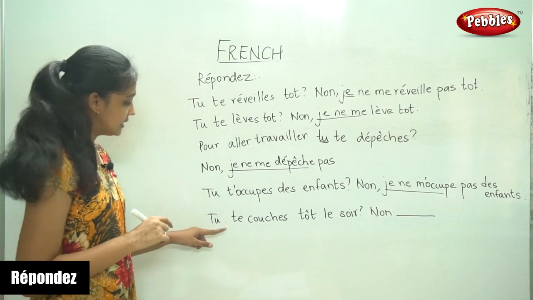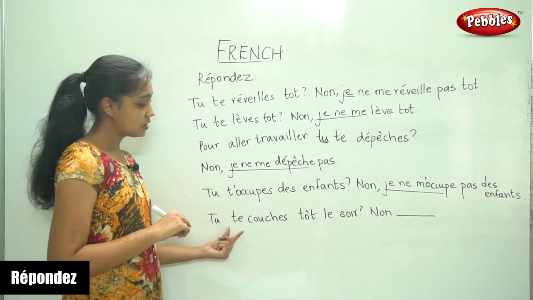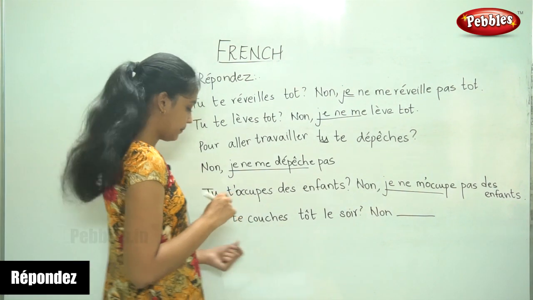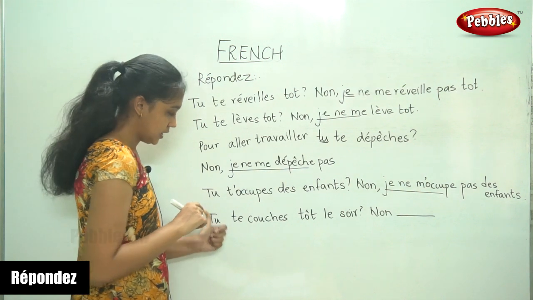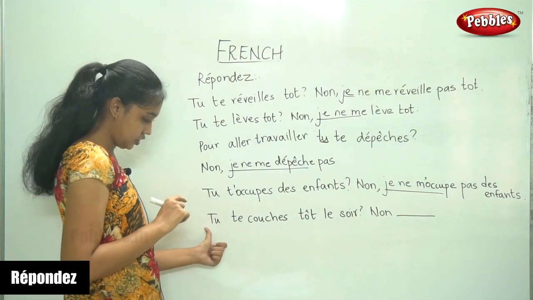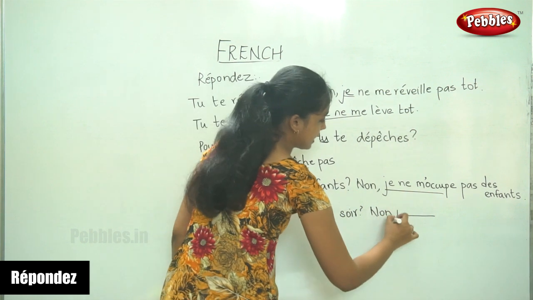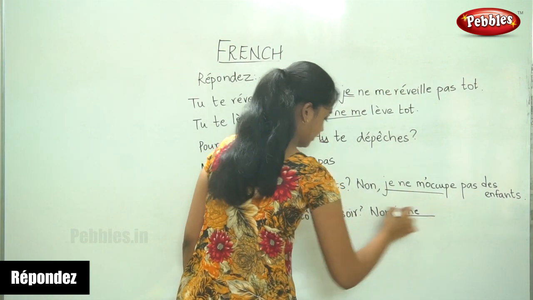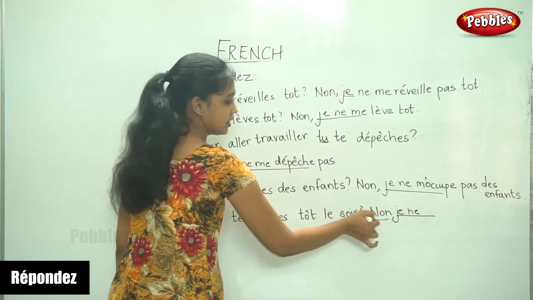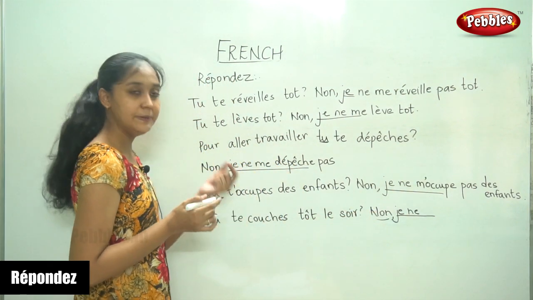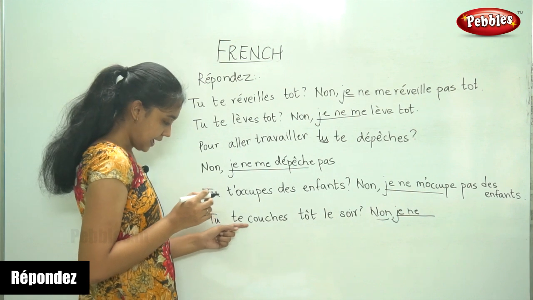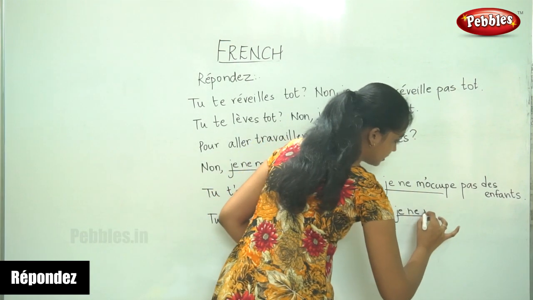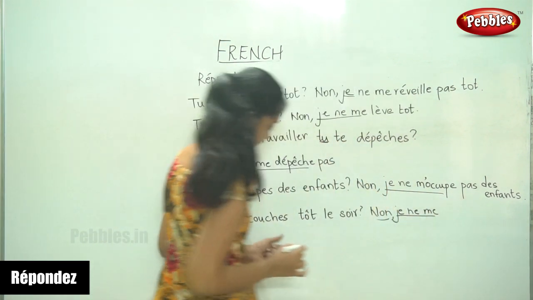And finally, the last sentence. Tu te couches tôt le soir? So again, the question is tu. So the answer becomes je and negative. Again, negative. So je, ne, and te becomes m again.